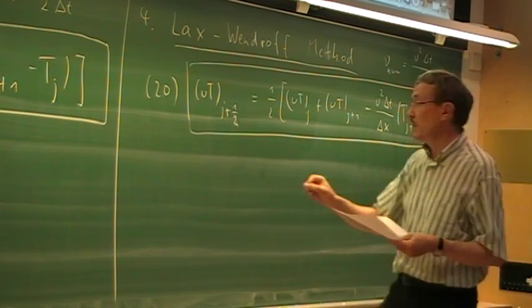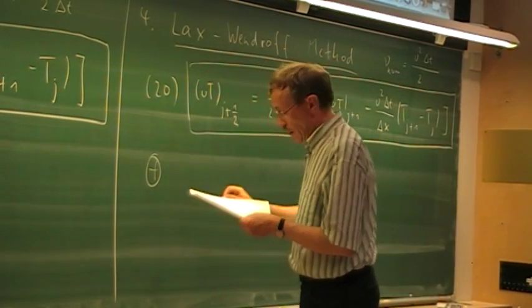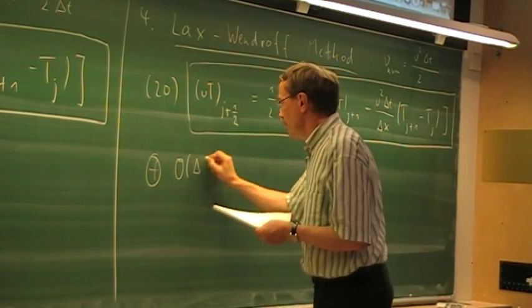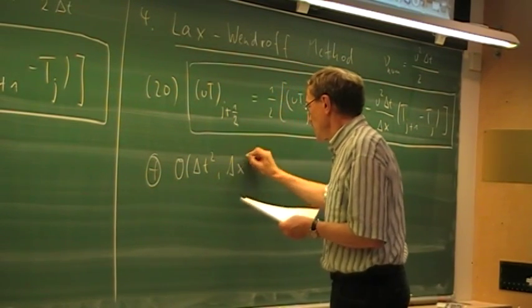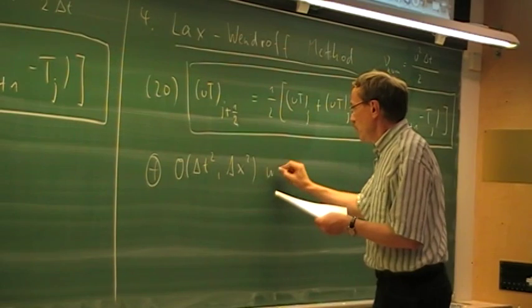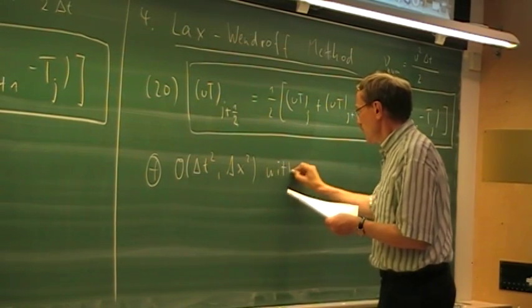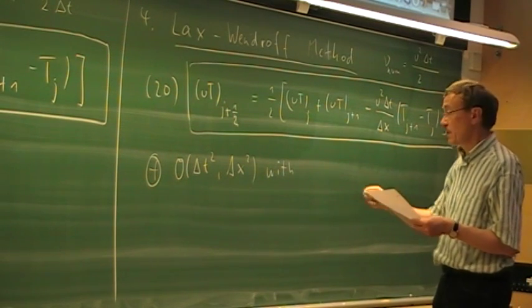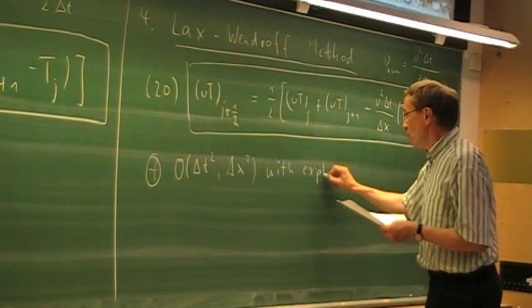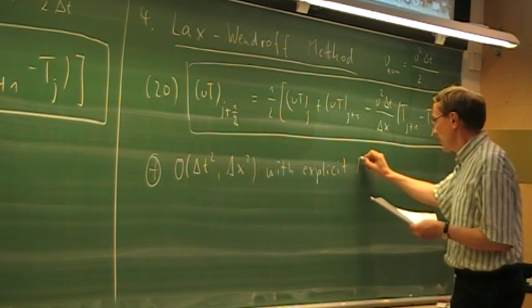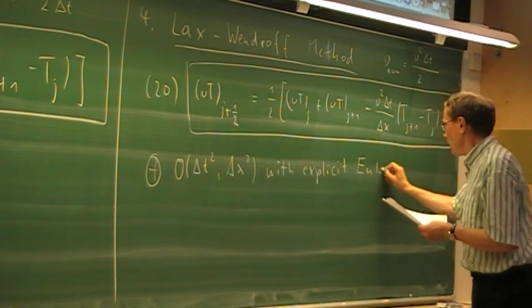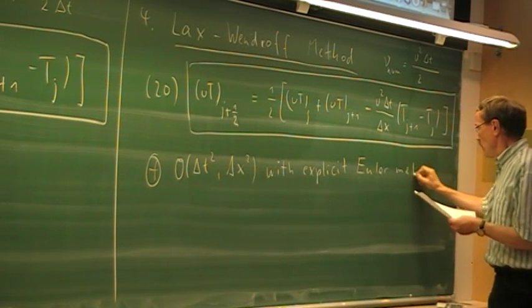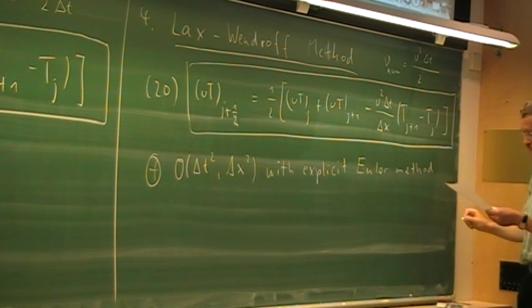And it has another big advantage, that it is second order, delta t squared and delta x squared, when we use the explicit Euler method for the time discretization. Remember, this is only the flux discretization, the space discretization that we discussed. That is a nice feature, that we get second order both in time and space.